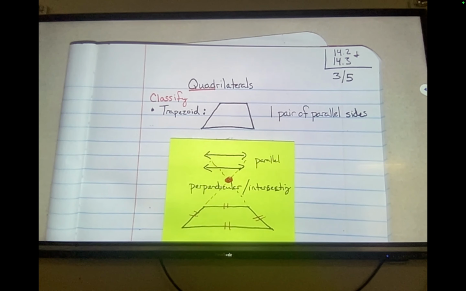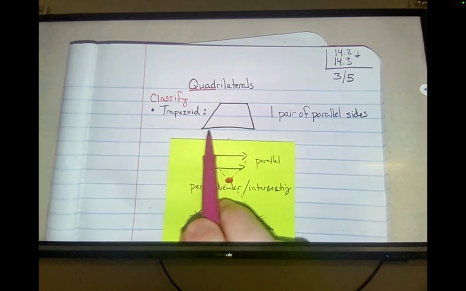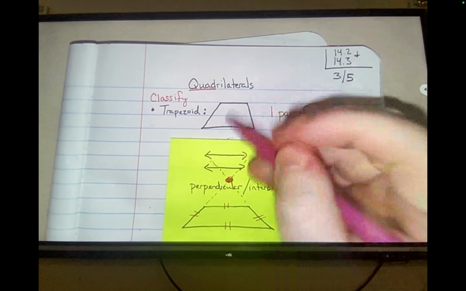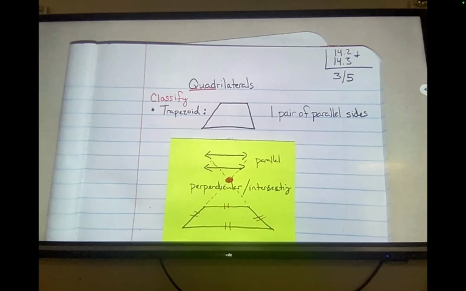So that's what makes them intersecting lines. I didn't draw them perfectly, but if I kept going with the other two, they would intersect. So one pair of parallel sides is considered a trapezoid.